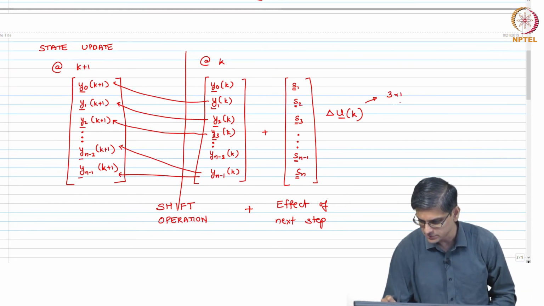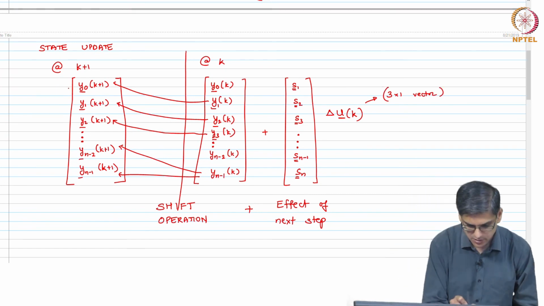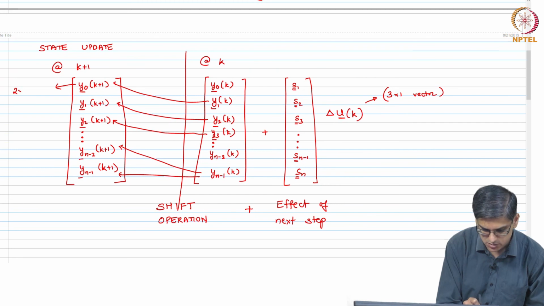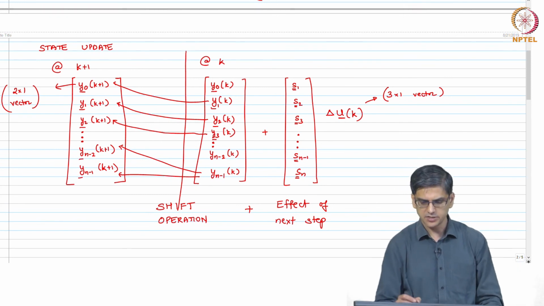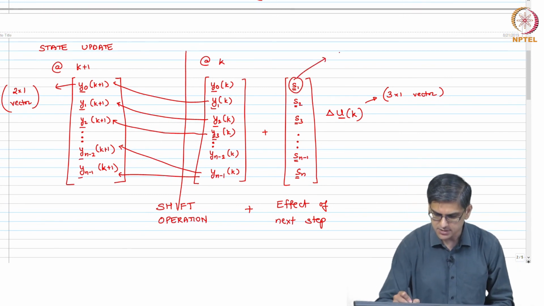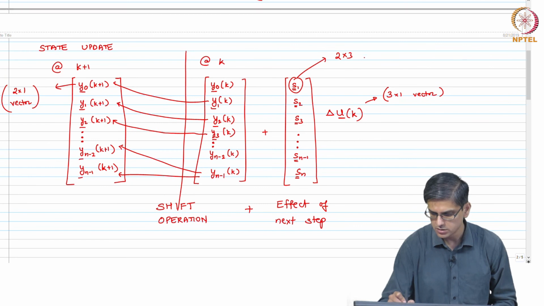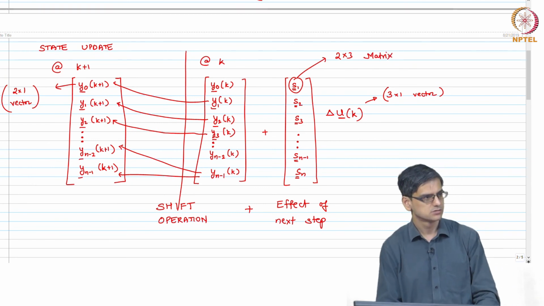into 1 vector and Y was a 2 into 1 vector. What does that mean? Our S is going to be a 2 by 3 matrix.